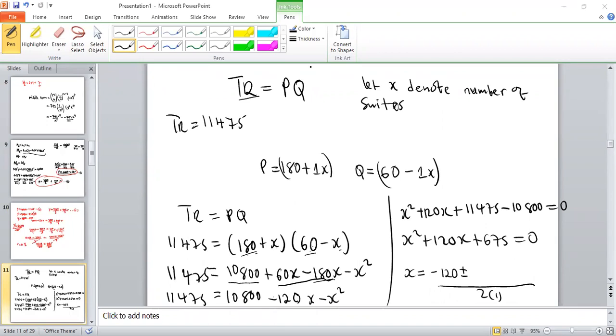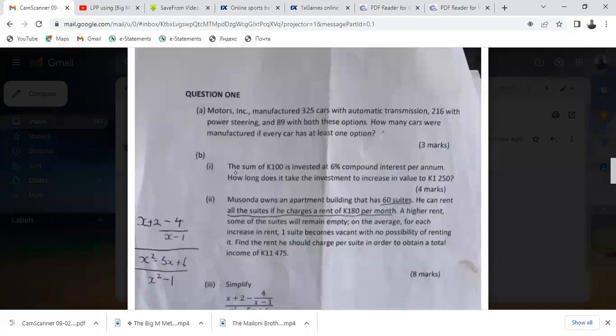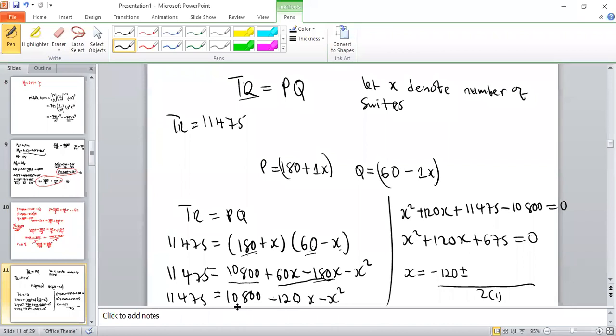Then 11,475 minus 10,800, what are we getting? 675. Okay, that's just it. Then the 60, okay, 20. So it means this is just it.